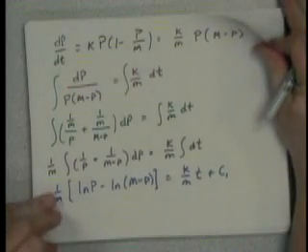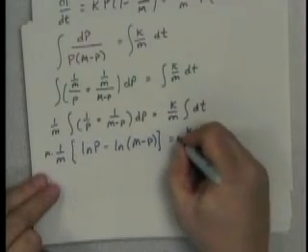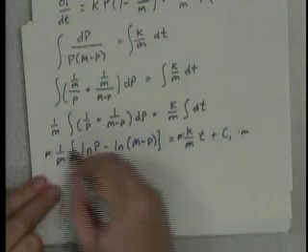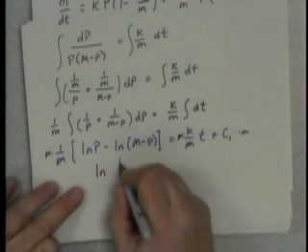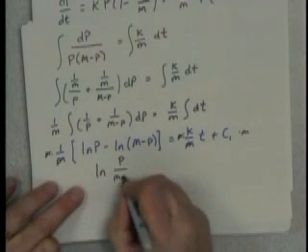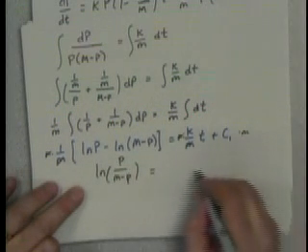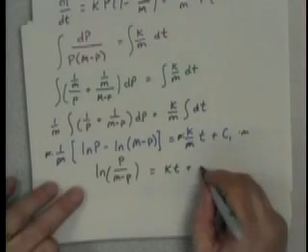So if I multiply everything by m, these m's are going to cancel. I can then put these two together using log rules. This becomes the natural log of p over m minus p equals kt, and I'll just call this c1 times m, I'll call that c2.